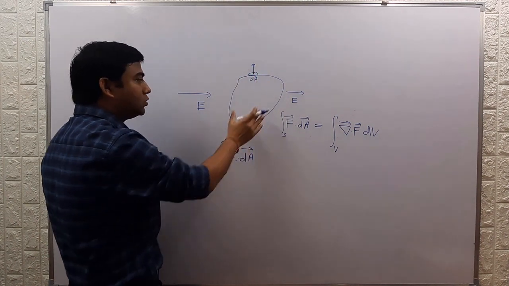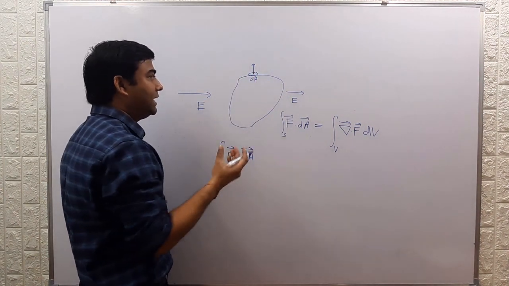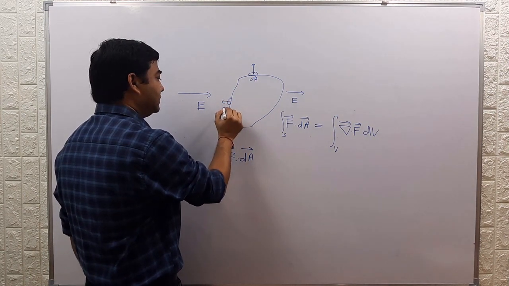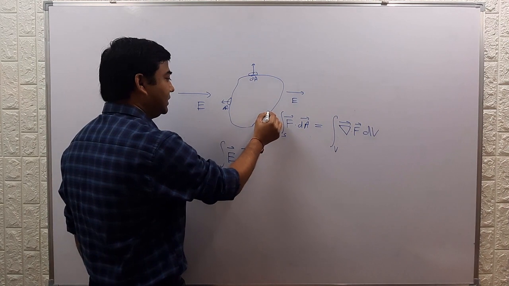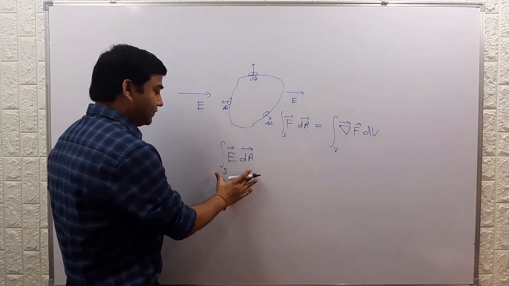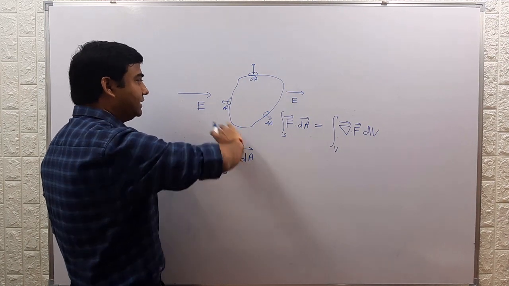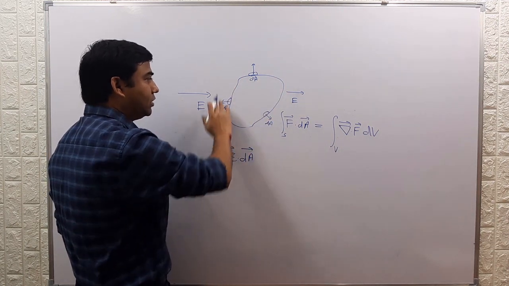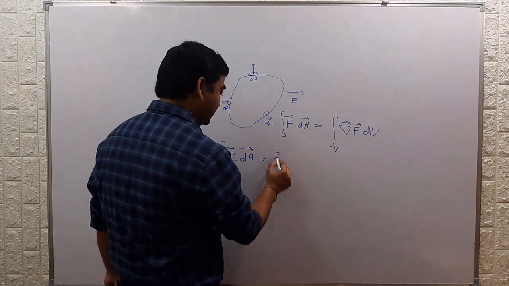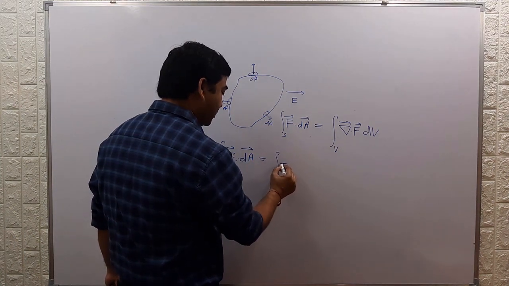We will divide this whole Gaussian surface into small area elements like dA, dA, similarly here dA. So the flux, when we integrate throughout the Gaussian surface, is E dot dA, and this will be the divergence of E.